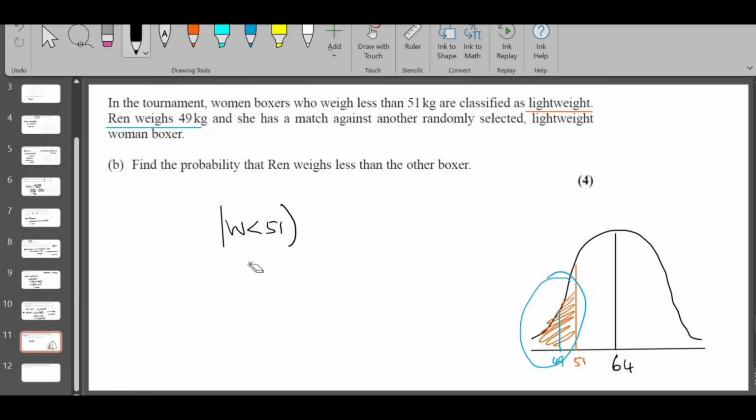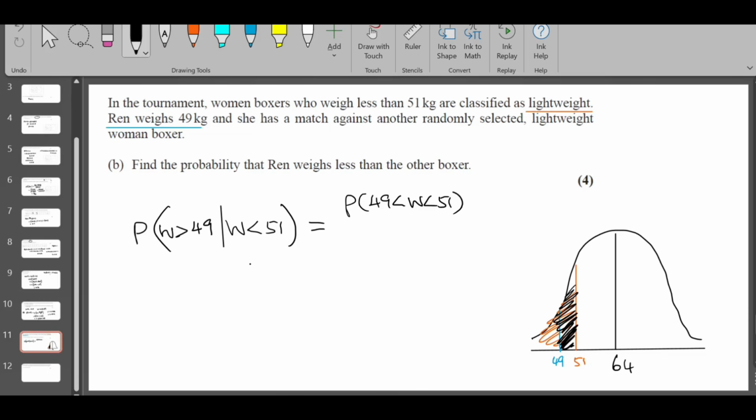That means the other boxer must come from here, right? Then only Ren weighs less than the other boxer, because Ren weighs 49 kilogram, right? So it has to be W greater than 49. They want you to find this conditional probability. So the intersection of these two is 49 to 51 divided by P of W is less than 51.